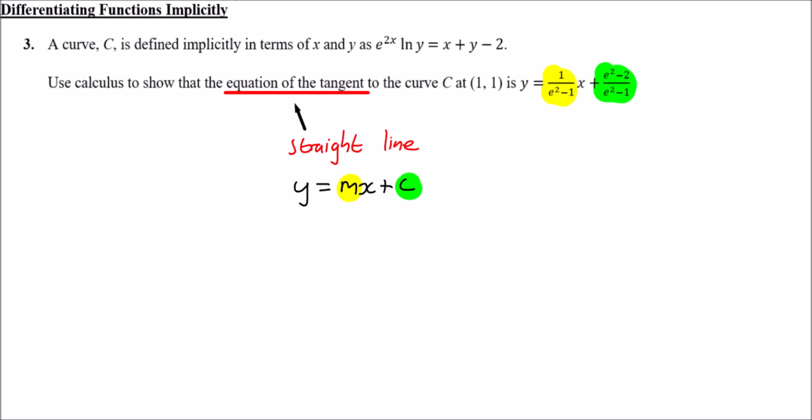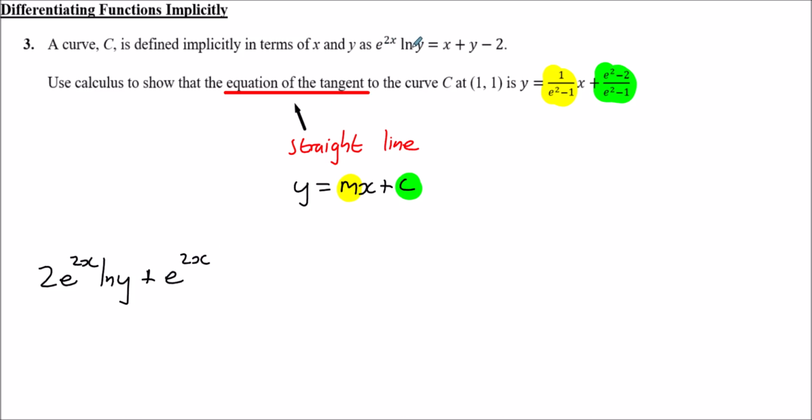What we need to do, because it says to use calculus, you need to differentiate both sides implicitly. So e to the 2x, use a product rule on this bit. So differentiate e to the 2x, leave ln y on its own. e to the 2x differentiates to 2e to the 2x, leave ln y as is. Then using the product rule, hold e to the 2x constant, differentiate ln y.